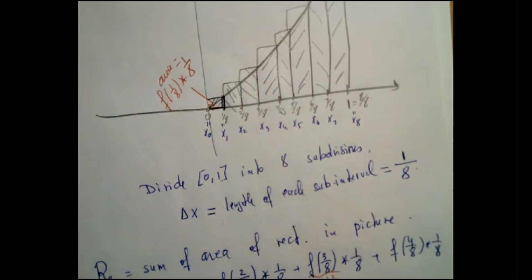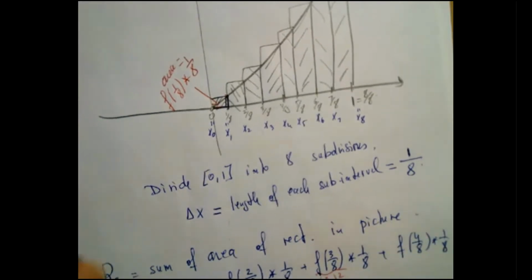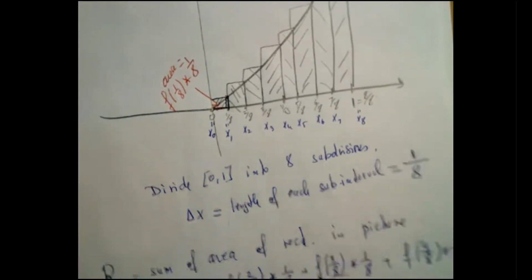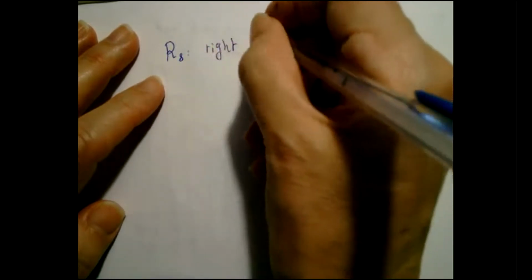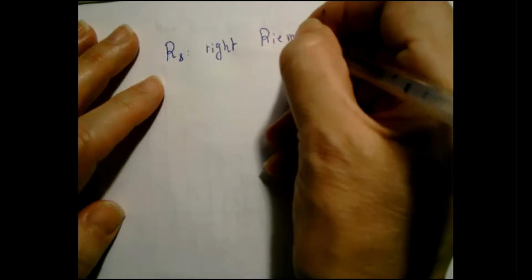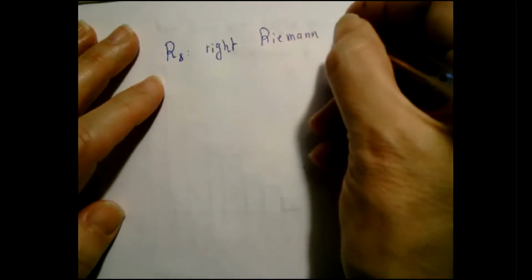A notation that I will be using, probably not today, but next time we have to be used to it. And R8 is called R8 or R4. We call it right because we use the right endpoints. It's called the right Riemann sum.